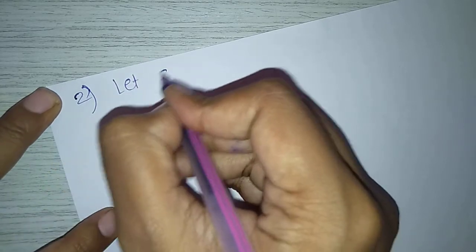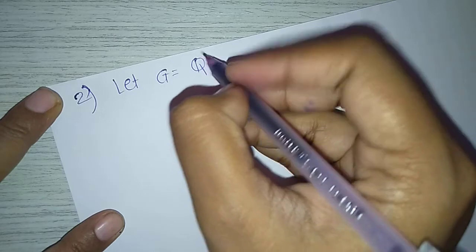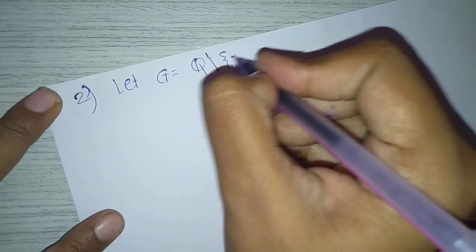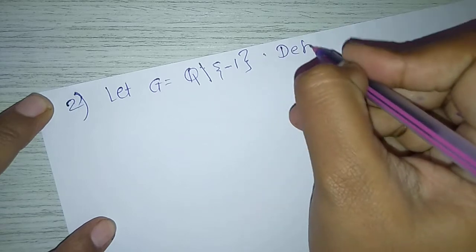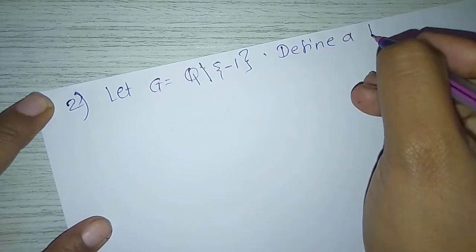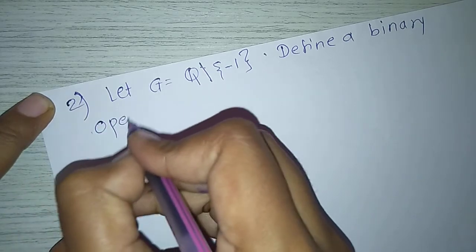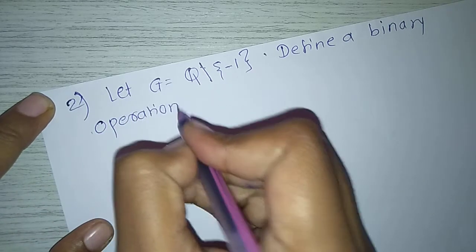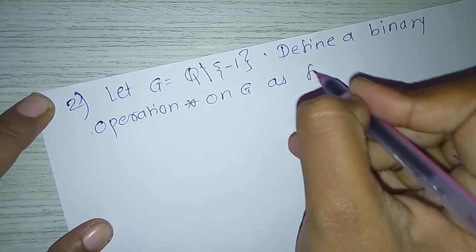Example number 2. Let G equal the set of rational numbers but not containing minus 1. Define a binary operation star on G as follows.